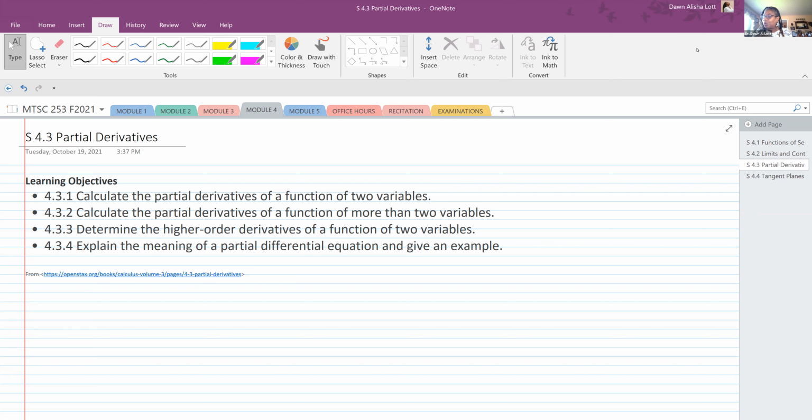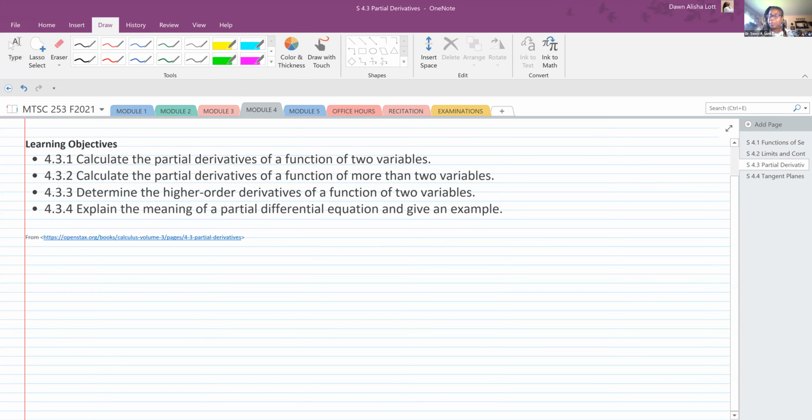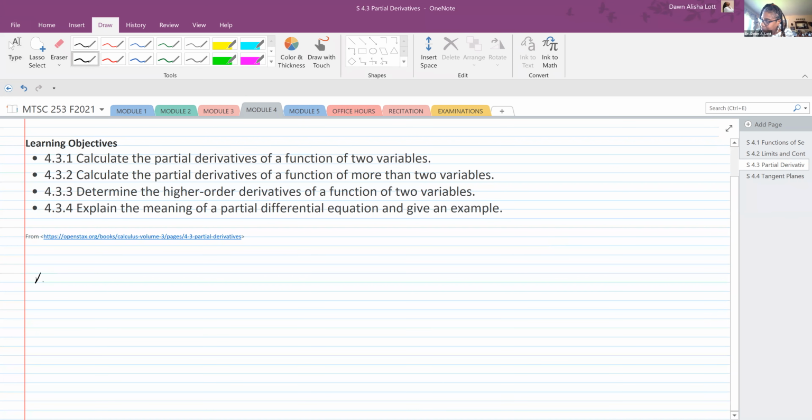All right, so let's just go back to Calc 1 for one minute. In Calc 1, I had a function like this, and here is my function.